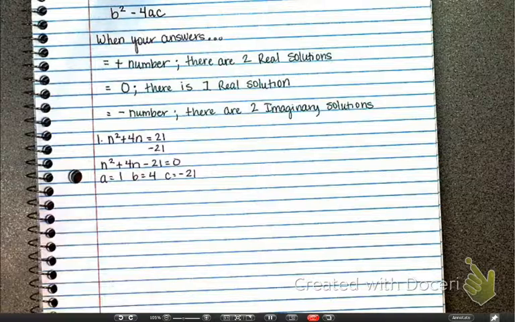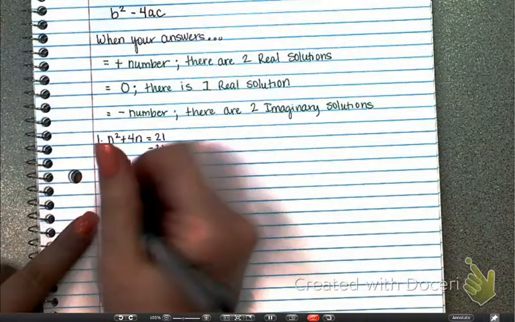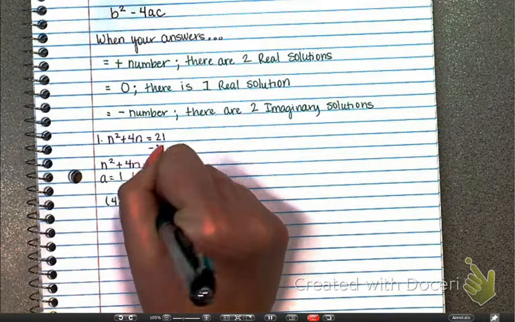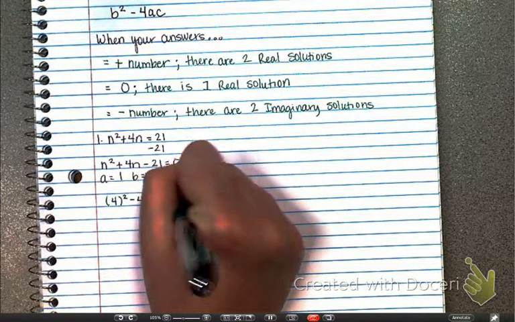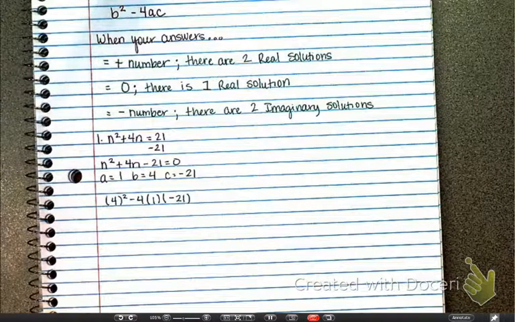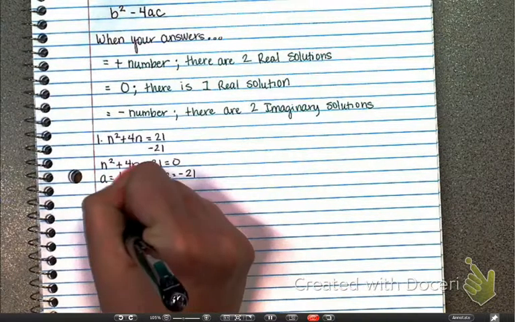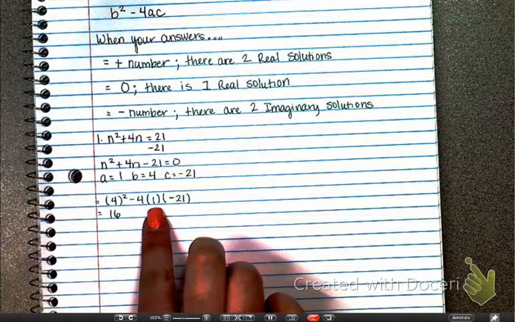And we're just plugging it into b squared minus 4ac. So b squared minus 4 times A times C. So what do I get when I simplify? 4 squared is 16. Negative 4 times 1 is negative 4.